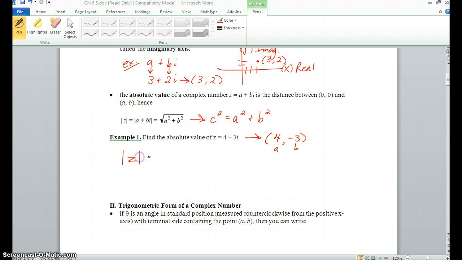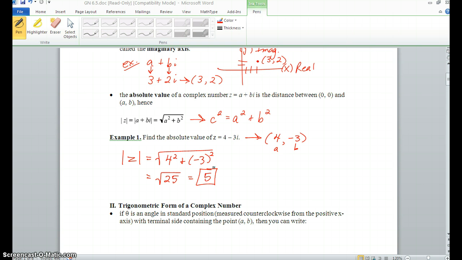So the absolute value of z is equal to the square root of 4 squared plus, and I'll put negative 3 in parentheses, negative 3 squared, which of course we can say is 16 plus 9, or the square root of 25, and then of course 5. So that's our end result.